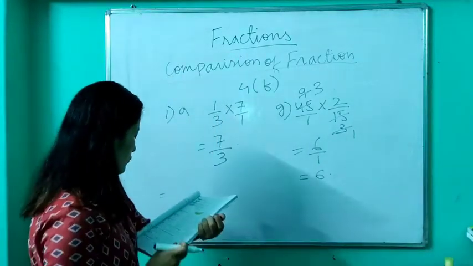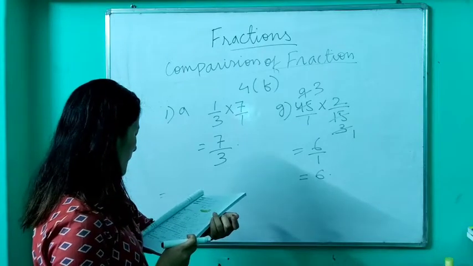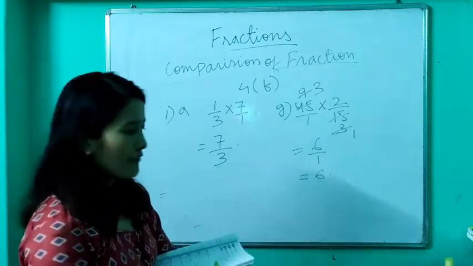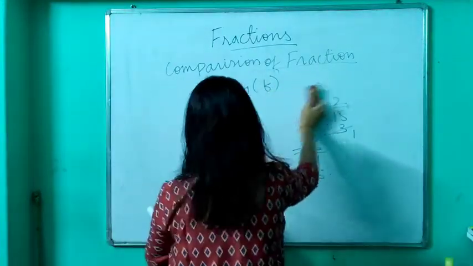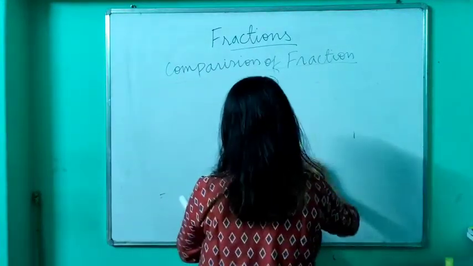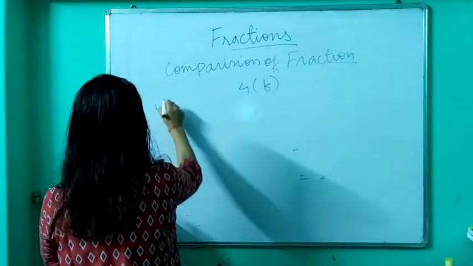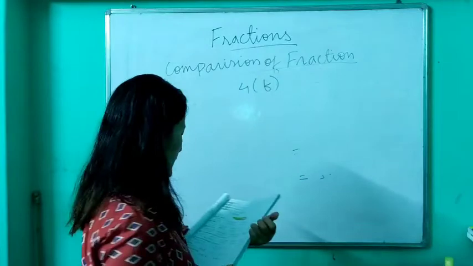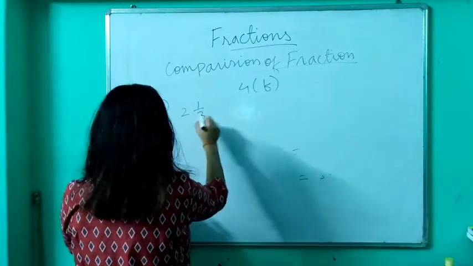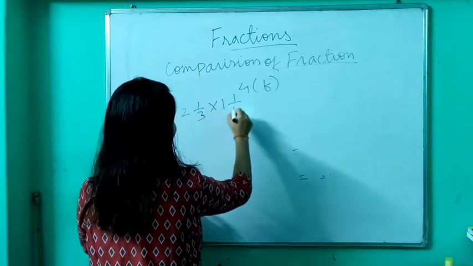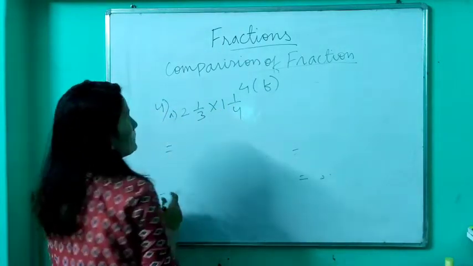Now let us carry on with that of your mixed fraction. If you have a mixed fraction, how do you carry it out? So question number 4F. Question number 4: find the products and express it in their lowest term. So I'll take up the first question. Here you are given a mixed fraction.